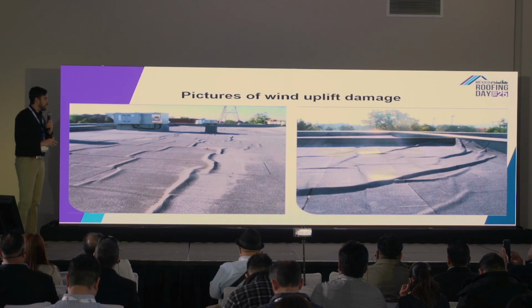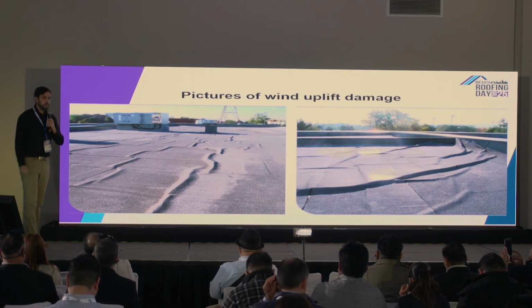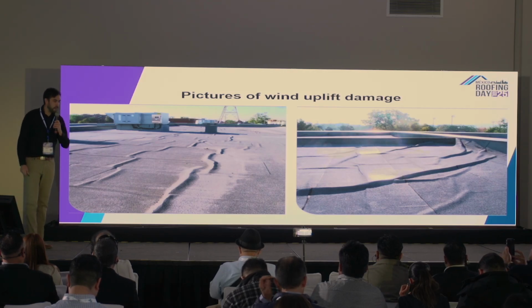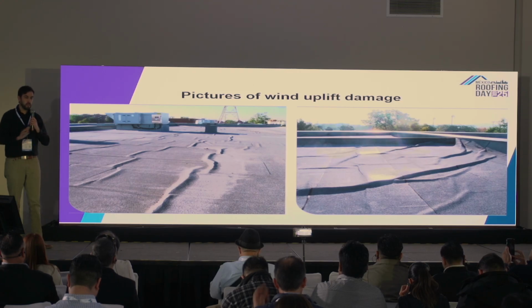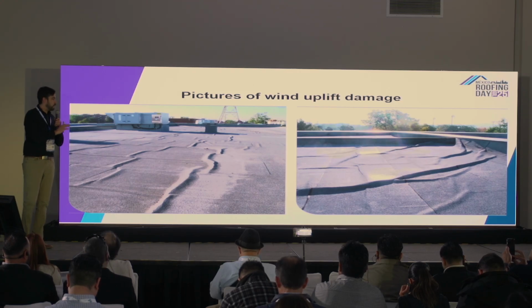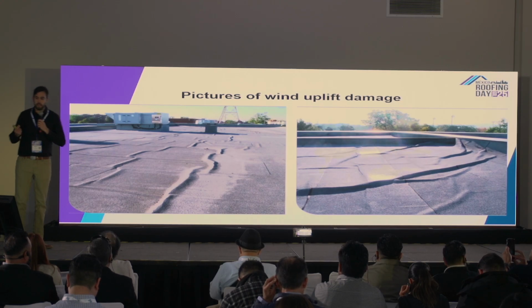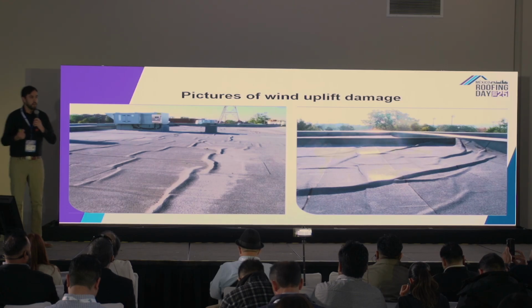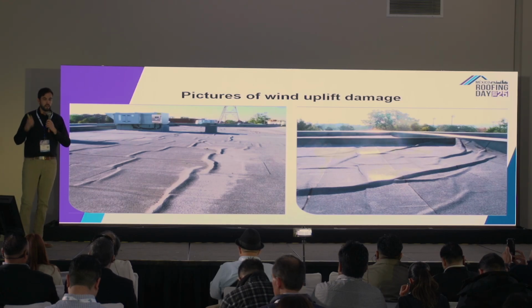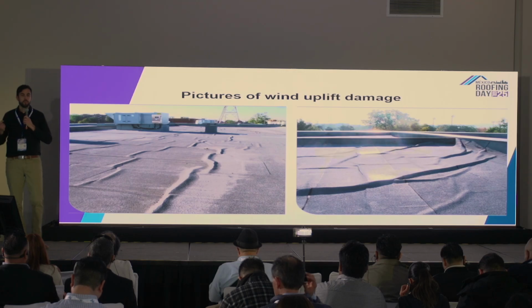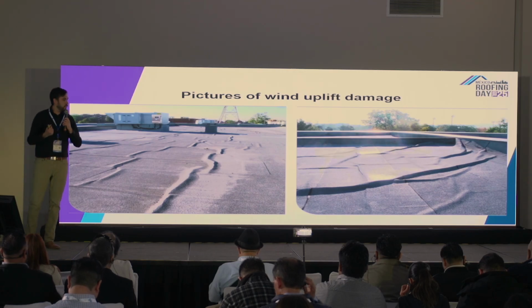This is a mild severity failure. By mild, I'm not saying that the roof is good. This needs to be repaired. But when I'm talking about the severity, it's more about the effect or the damages that could be to human life.